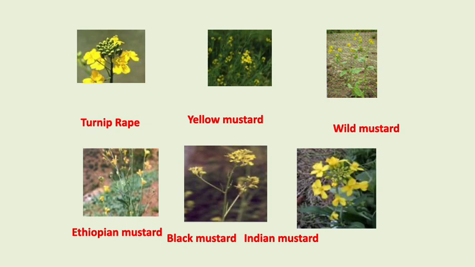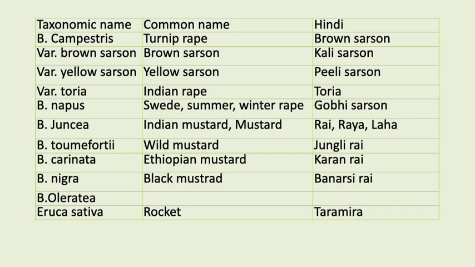Next, the photographs of turnip rape, yellow mustard, wild mustard, Ethiopian mustard, black mustard, Indian mustard. This slide shows the taxonomic, common name and Hindi names of these Brassica species. First, Brassica campestris, common name is turnip rape and Hindi name is brown sarson.